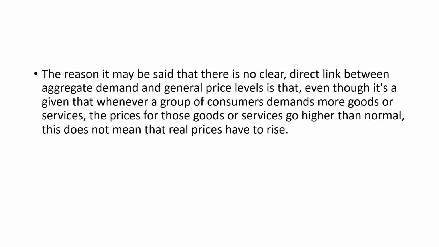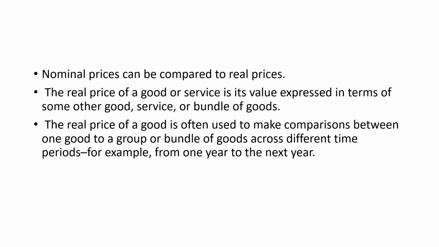Whenever a group of consumers demand more commodities or services from the market, the price of these commodities would increase, making the price go higher than usual or more than normal, right? And this does not mean that the price level has to rise. It is induced in such a way as to make the situation go out of control sometimes.